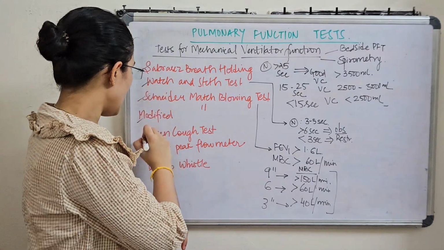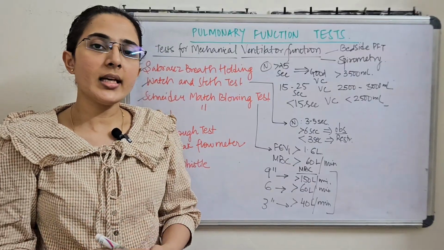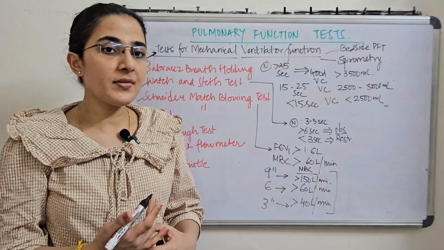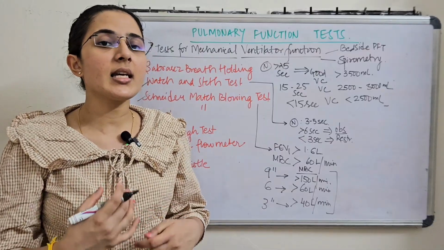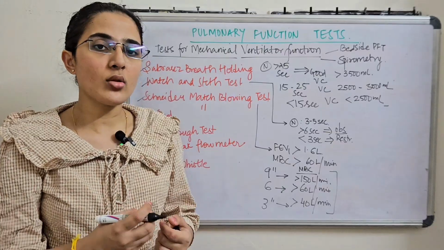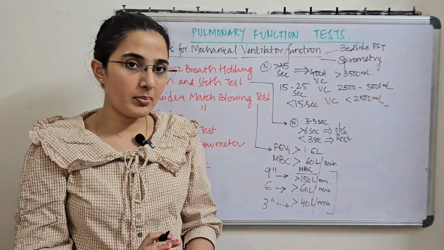So next we come to the Green's cuff test. We finished Schneider's and modified Schneider's. The Green's cuff test will basically help us determine the effectiveness of the cough and whether the patient is able to expectorate the secretions. It also helps us tell about the patient's post-operative pulmonary complications.